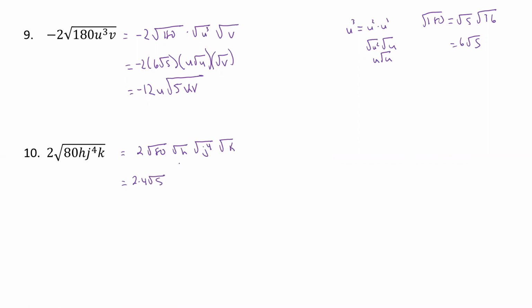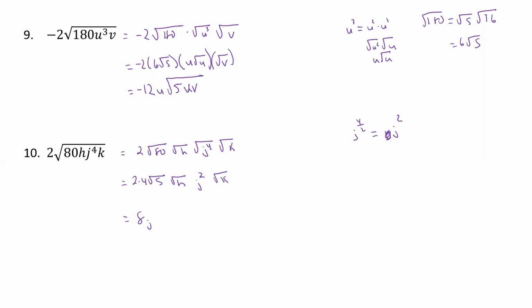All right, so now the square root of h, we can't simplify that, so it's there. Now j to the 4th, well, j to the 4 over 2 is what this says. J to the 4 over 2, well, that's just j squared. And so this becomes j squared, and then we still have the square root of k. So now we multiply everything back together, so we have 2 times 4 is 8.